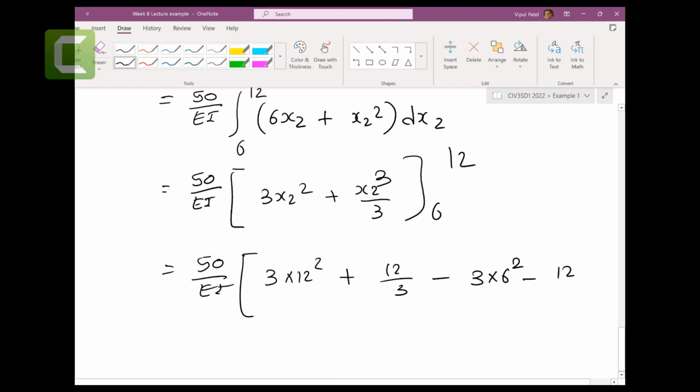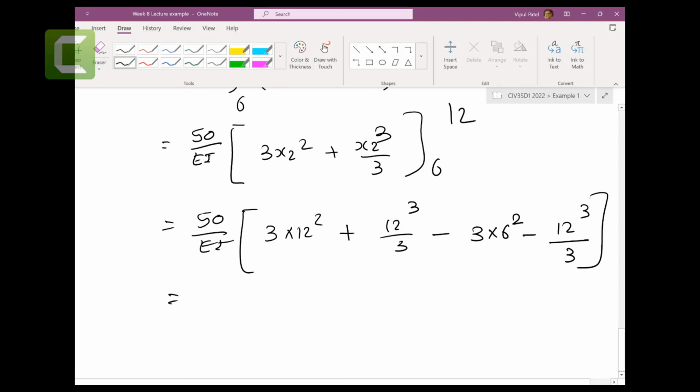So 3 times 12 squared, 12 cubed over 3, minus 3 times 6 squared, minus 12 cubed over 3. So 3 times 12 times 12 plus 12 cubed over 3, minus 3 times 6 times 6 minus 12 cubed over 3.